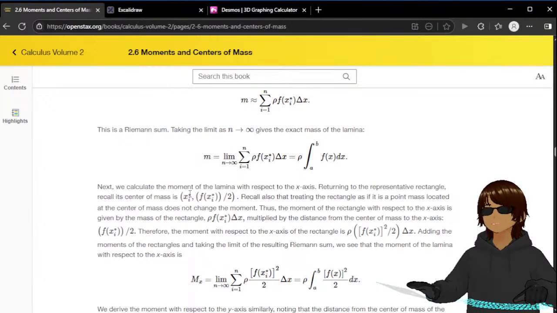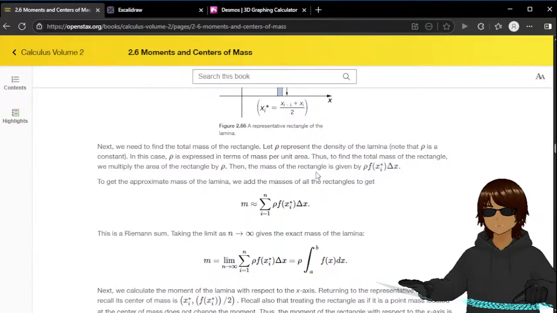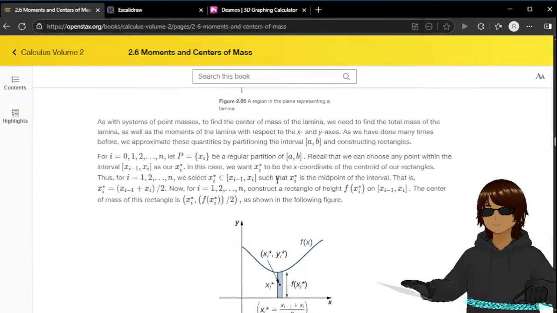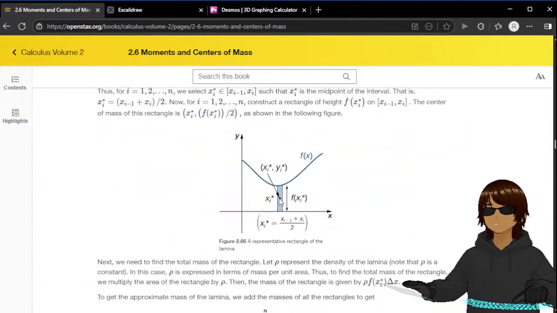This x star is the midpoint, and the center of mass is f of x_i divided by 2.